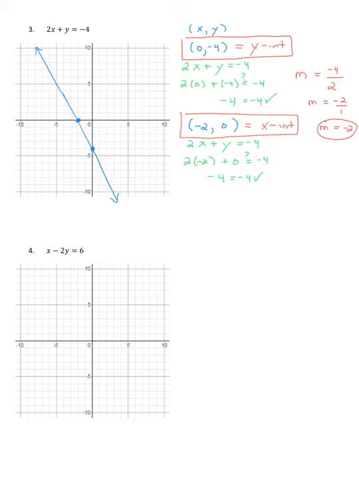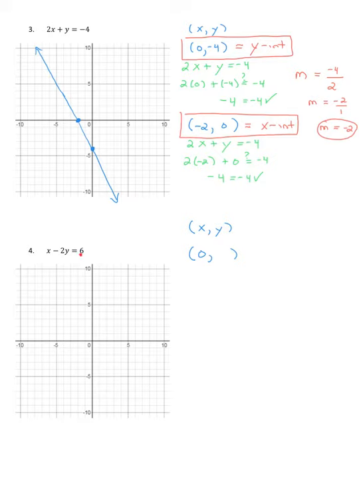Okay, and I have one more example, and that's x minus 2y is equal to 6. Again, we're guessing x's and y's. Choosing 0 for x made figuring out y pretty easy. If you put 0 here, you're left with negative 2y is equal to 6. It's got to be that y is equal to negative 3.